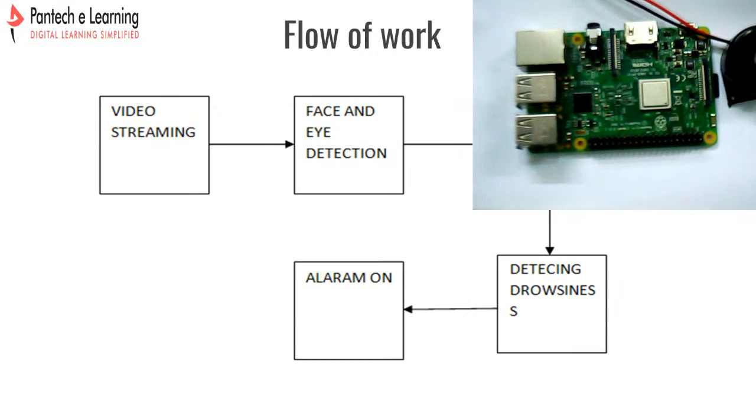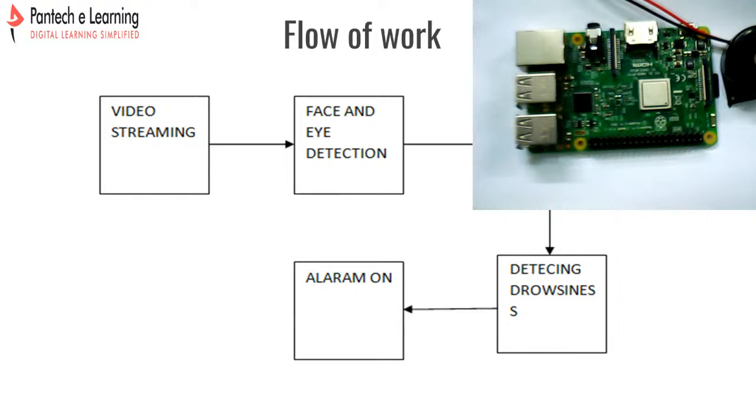And this is the workflow. To work on the project, first we need to enable live streaming, and then detect the face, then the eyes and then the mouth. We extract the features of the face, eye and mouth, and then we need to count the eye aspect ratio values, which tell whether the eye is blinking or not.